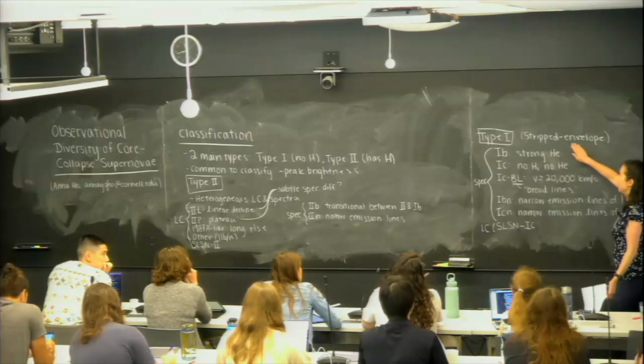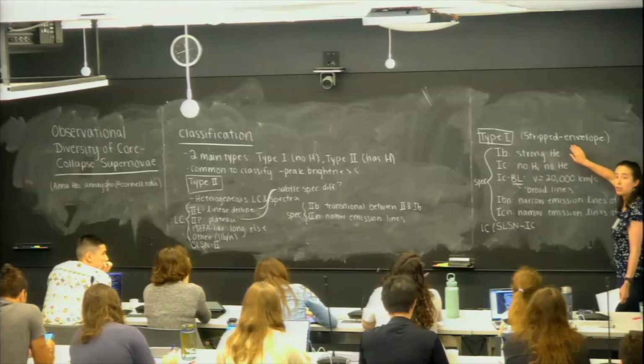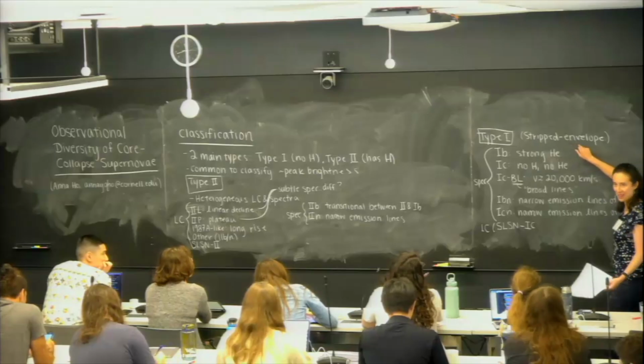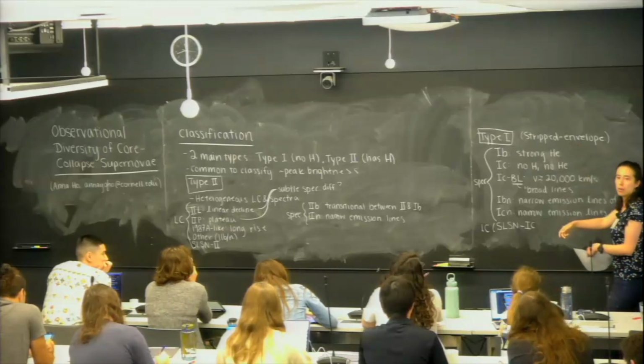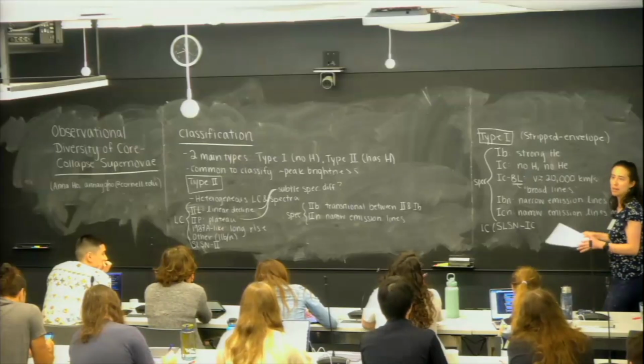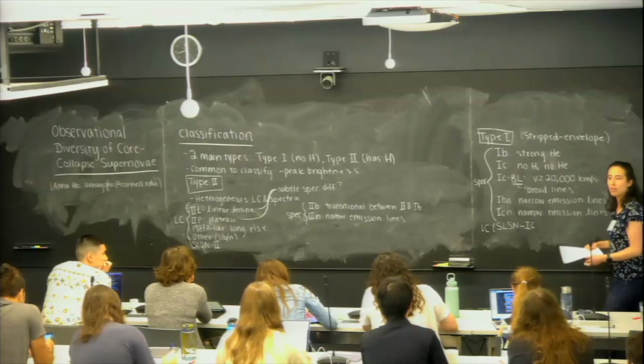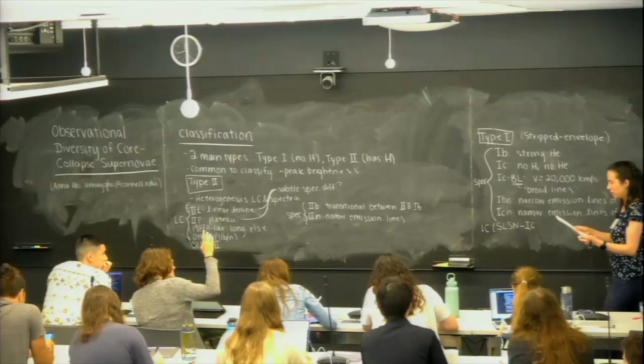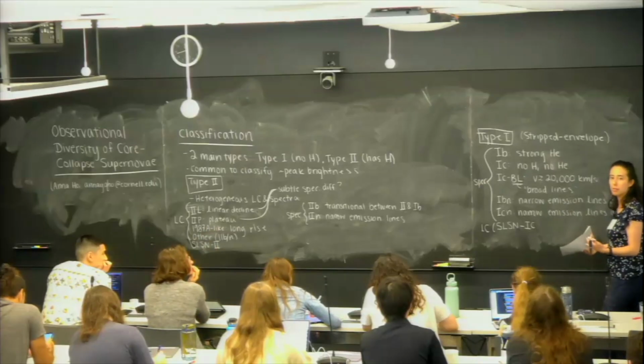I think today, most people would say that to strip the envelope for stripped envelope supernovae, you really need to do it through interaction with a binary star companion. That's been a change within the last decade in the field. People used to try to do it with single star evolution models, and then they realized that the winds are not strong enough.